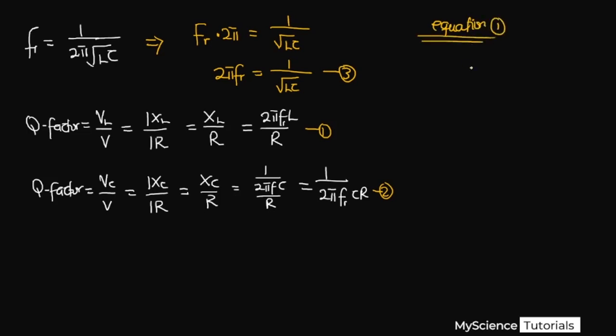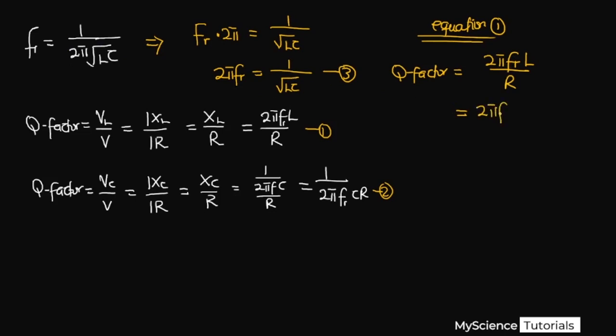Taking equation 1, let's do some substitution. We say that Q factor is equal to 2 pi FR L over R. We also established from equation 3, using the resonant frequency, that the 2 pi FR here can be replaced by 1 over the root of LC. So let me rewrite that.